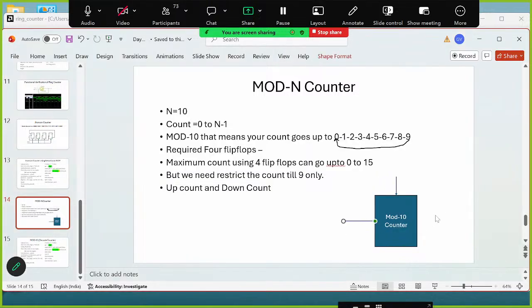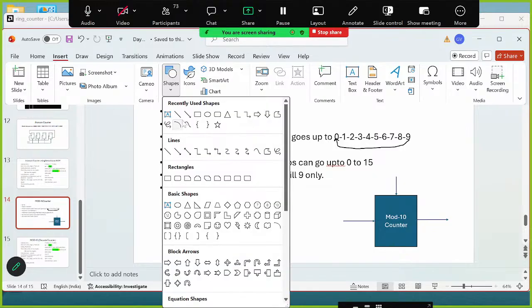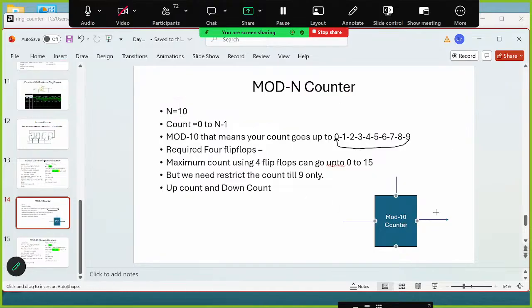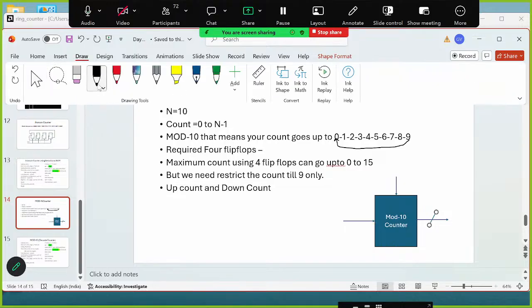And I want this to be an output. Let's say this is my input and this is my output. This output I am assuming is 4-bit because I need a 4-bit count. Rest, I have a clock signal and a reset signal.